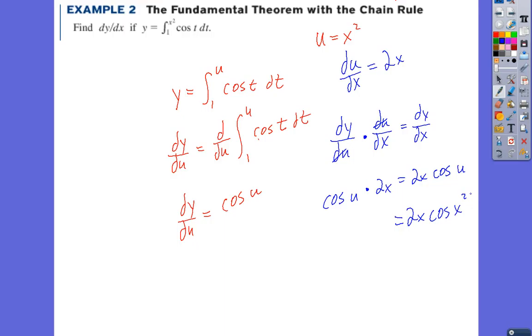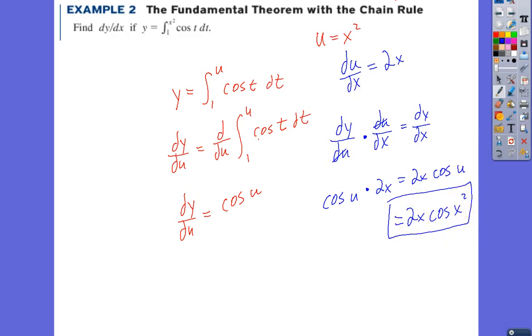I just replace it in there, and there's my answer. In general, it's always going to be whatever the function was originally with the upper limit put in, times the derivative of the upper limit. Always.